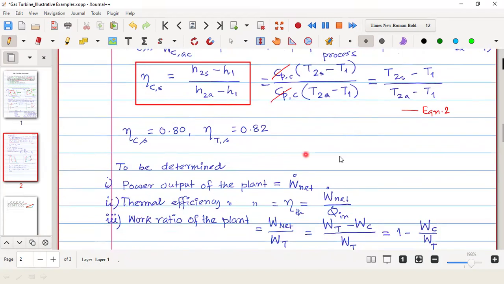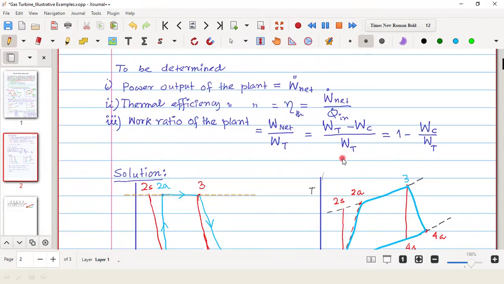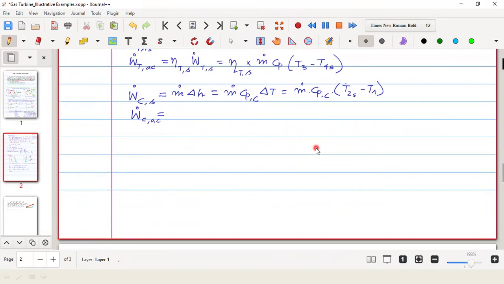So it will be theoretical divided by the efficiency. Okay. So this is the work.